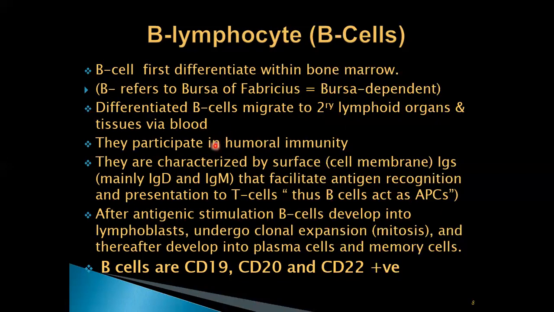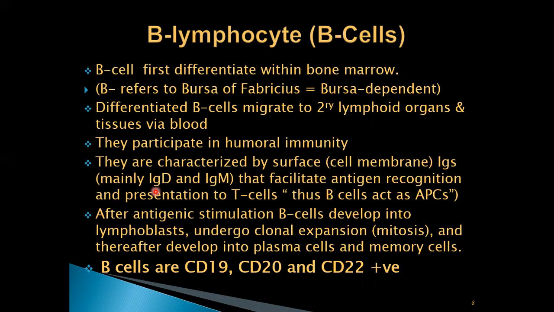Now, the B lymphocytes on their cell membrane have receptors, and these receptors are known as the surface immunoglobulins, mainly immunoglobulin D and immunoglobulin M. These are the two kinds of immunoglobulins present on the surface of the B lymphocyte.